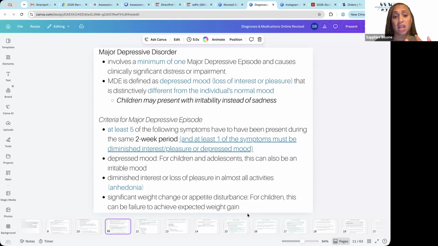So weight change, appetite disturbance, sleep disturbance, difficulty concentrating. So it's almost like 5 is a lot, right? So you have to have all 5. Whereas adjustment disorder, we're not necessarily looking at counting them, and typically with adjustment disorder, it's not this severe, but you may see some of that tied to that stressor.